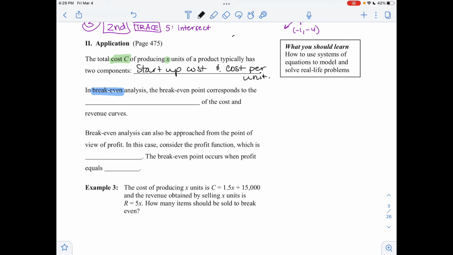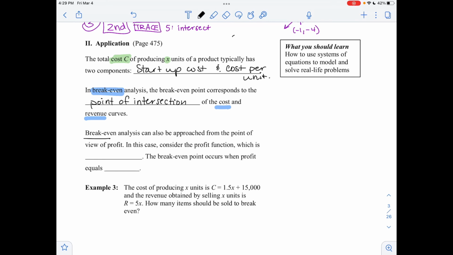A break-even analysis: the break-even point is the point of intersection of the cost and the revenue curves. So there's a cost function where it costs me to make a product, and there's a revenue function. Where those 2 cross will be our break-even point.